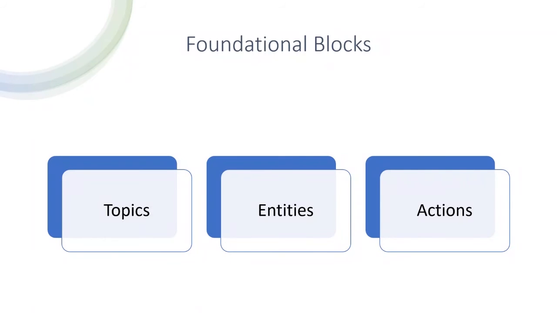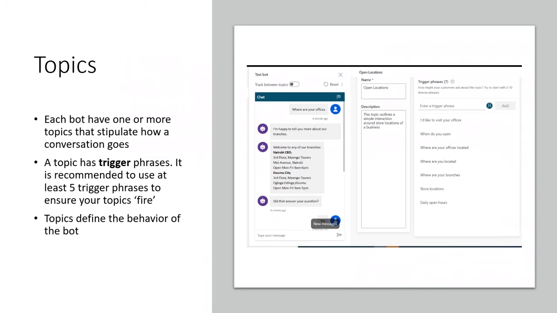We have looked at entities a lot in the Power Automate section, so I won't go very deep into that, but I'll really try and focus on topics because that's an important foundational block of Power Virtual Agents. And so what is a topic? Basically, a topic is, as the name suggests, a topic, but it is one that is triggered by a couple of phrases.